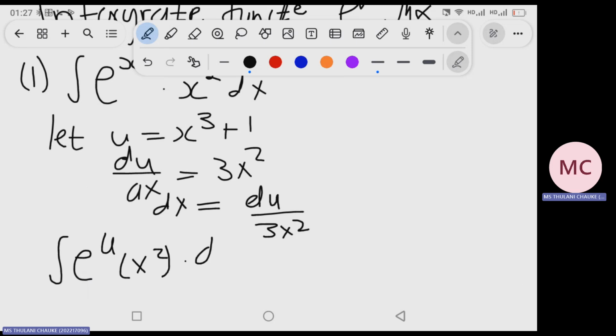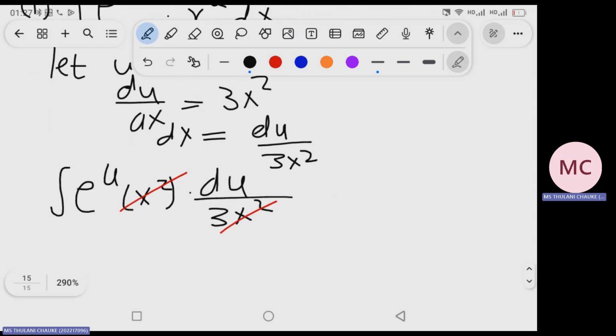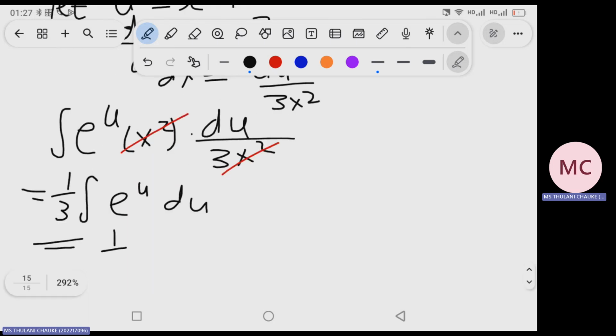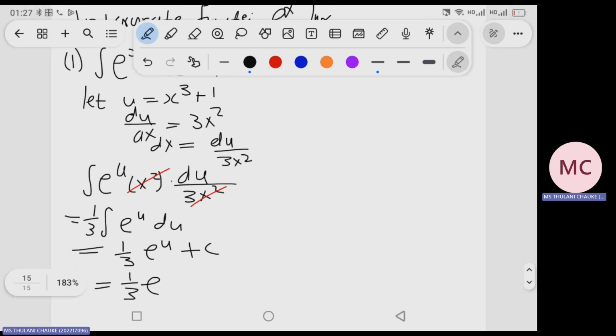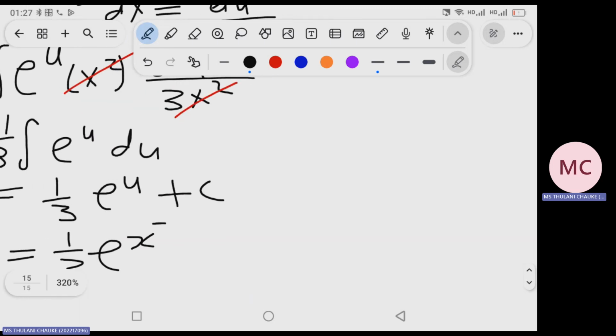Then these two will cancel. And then we'll be left with the integral of e to exponent u du, then 1 over 3 e to the u plus c. That will be our final answer. And then you'll just have to replace the value of u with x cubed plus 1 plus c.